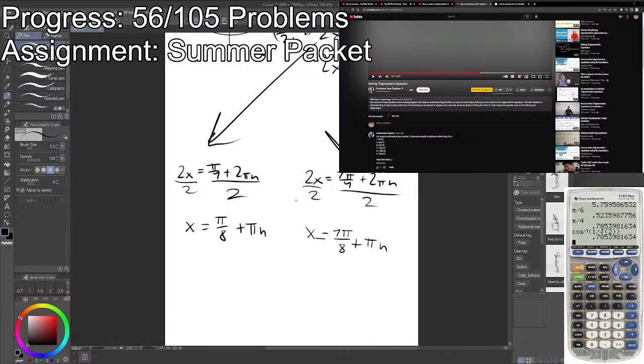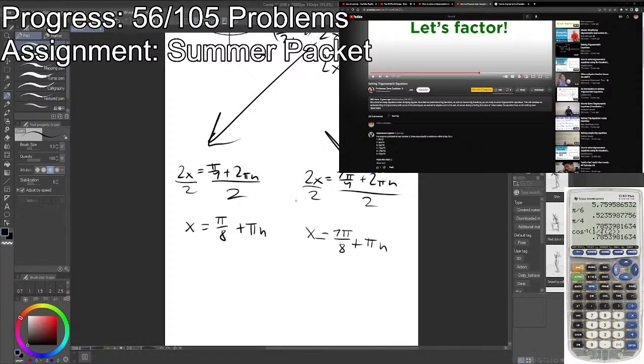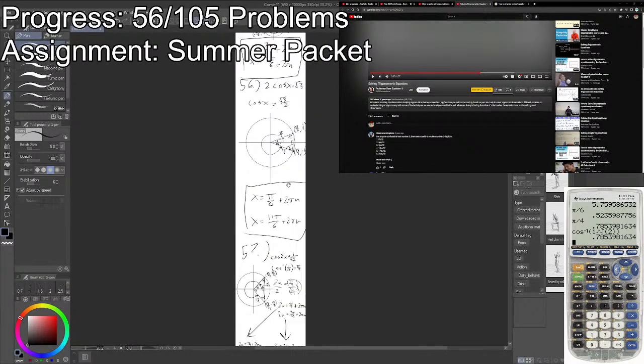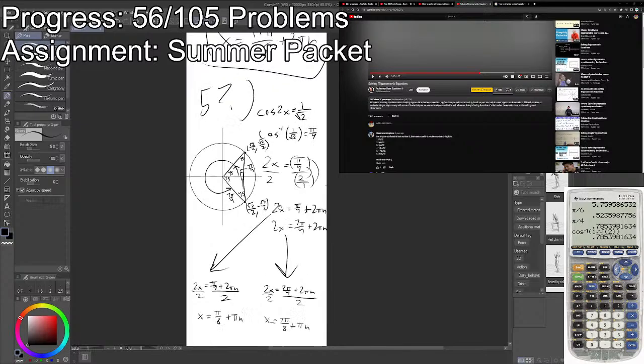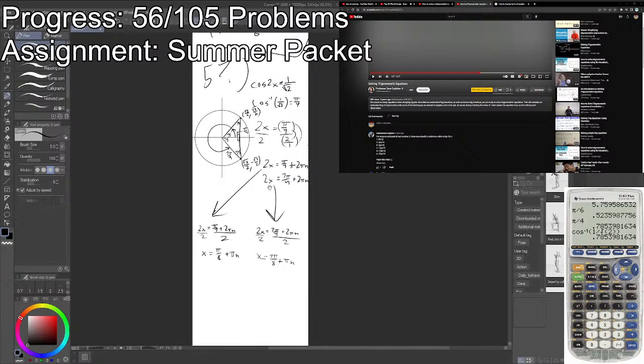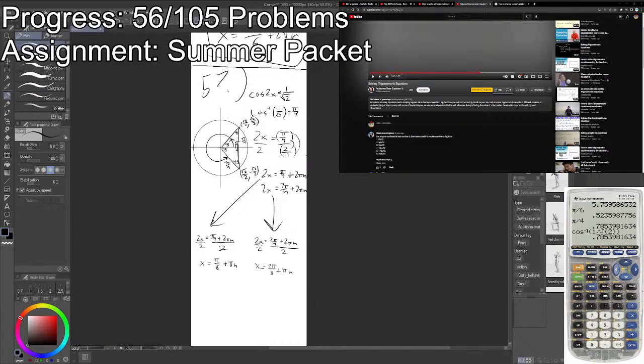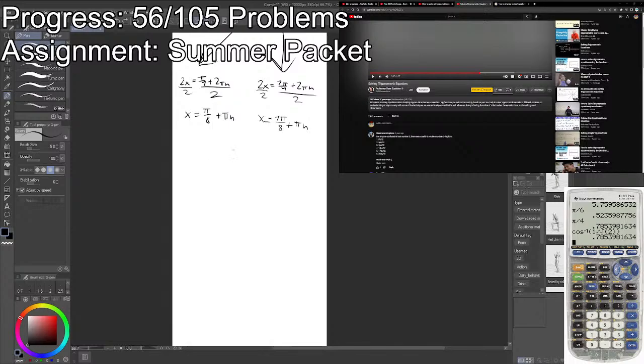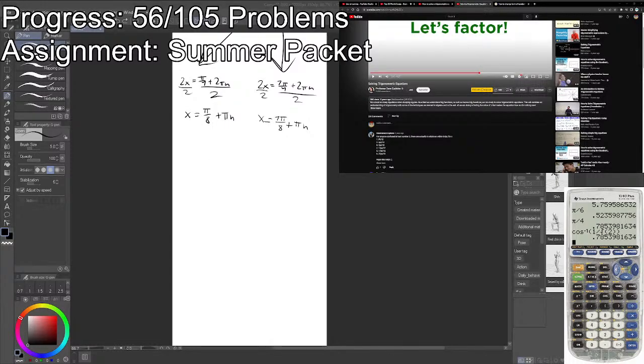Within 0 to 2 pi. Okay, that makes what? Okay, I probably got this wrong, but that's the best I'm gonna be able to do right now. So that's a W for me. W. 57 done.